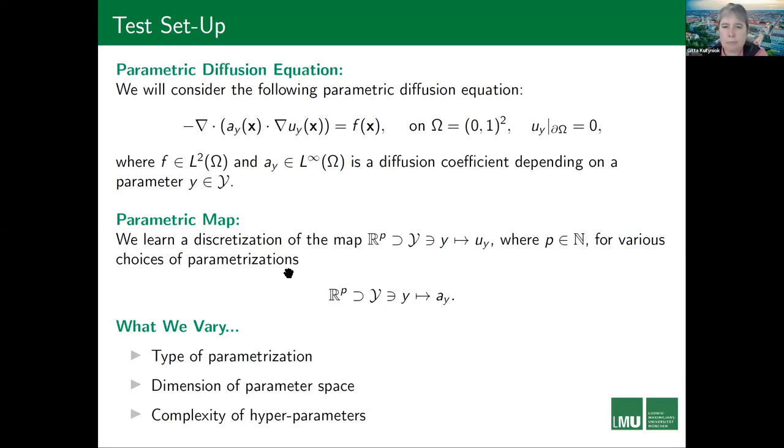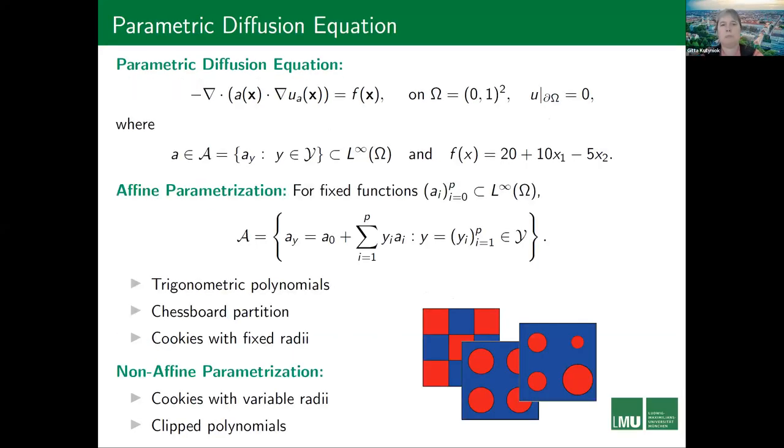So the parametric map, as we saw, is: we have a y, we have u_y, and we want to do that for various choices of parameterizations. So what we will vary is the type of parameterization, the dimension of the parameter space, so it's p, and also, as we will see, the complexity of the hyperparameters.